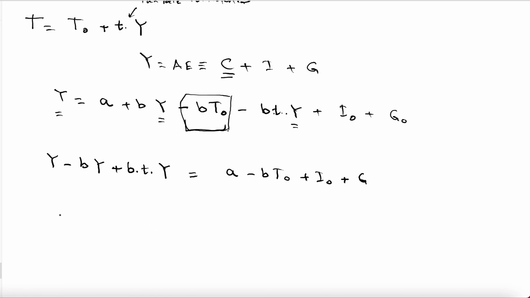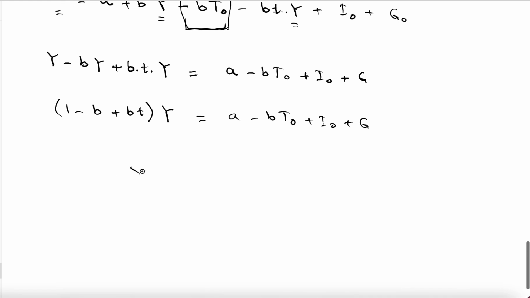The common factor is Y, so we say it is (1 minus B plus B times the tax rate) multiplied by Y equals A minus BT0 plus I0 plus G0.